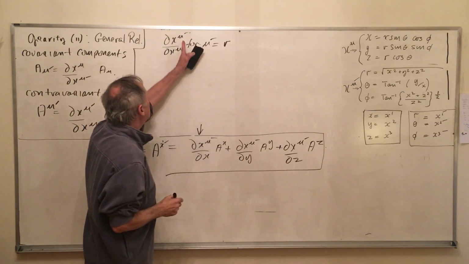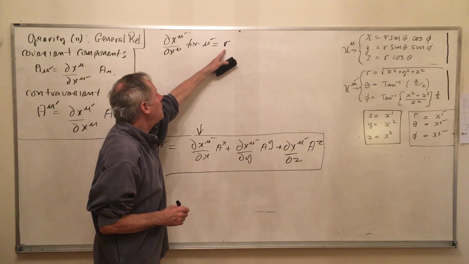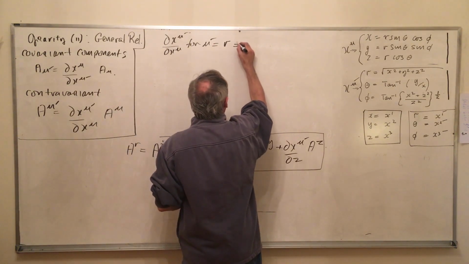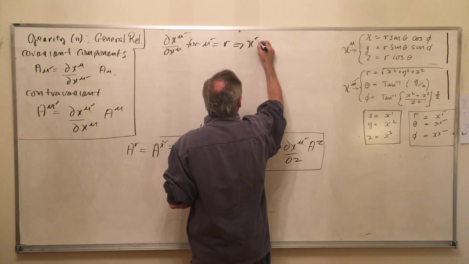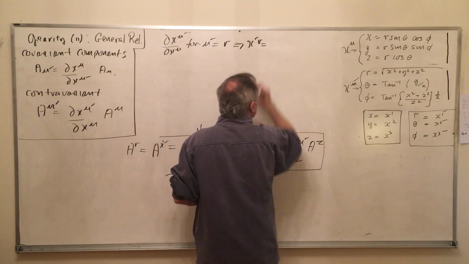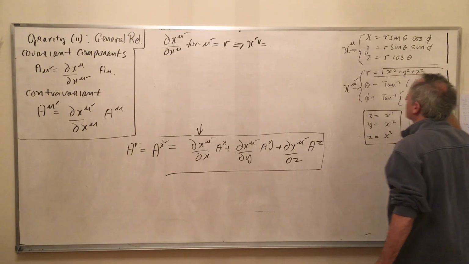Now the x1 dash over the x for mu1 dash equals r. Now x dash of r is going to be this one here.